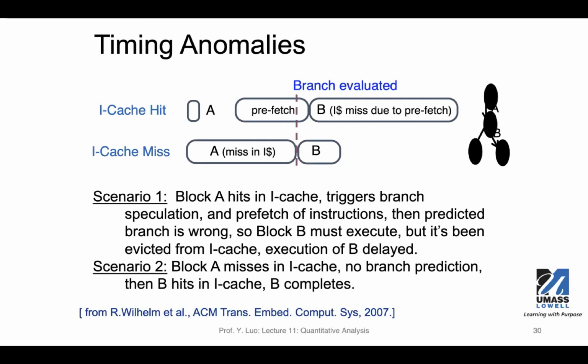So block B has to be evicted from the instruction cache, then the execution will be delayed. This is a more complicated case happening on the instruction cache, whereas in the previous example we were talking about the data cache. But the point is that caches and cache misses will cause unintended consequences for the execution of the instructions.